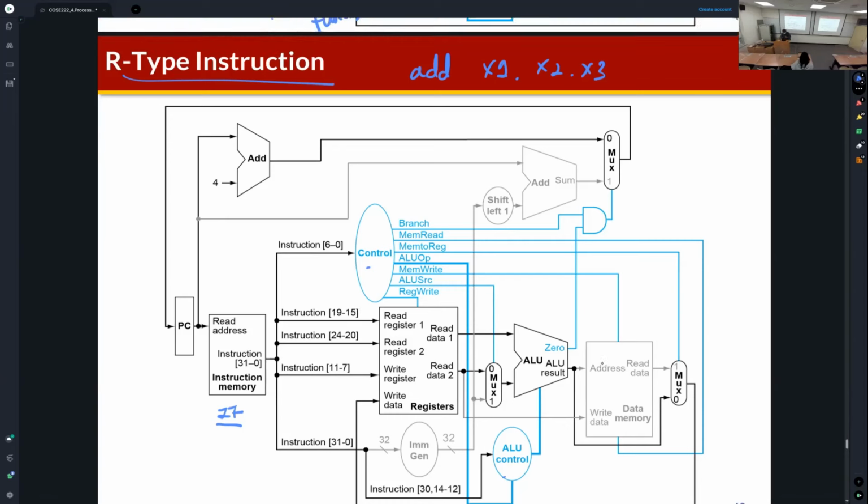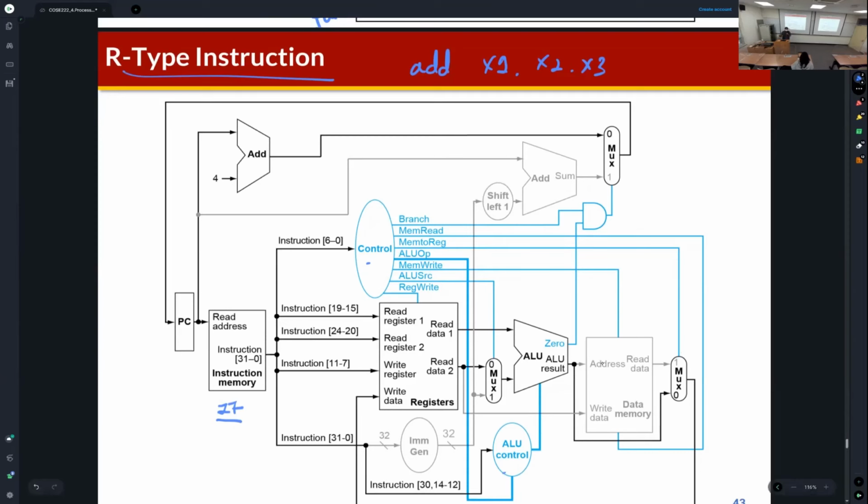But which operation is required, like add x1, x2, x3? In order to execute this add instruction, we need to read the two operands from the register file, right?